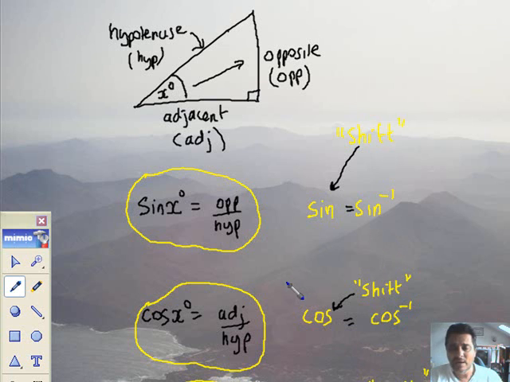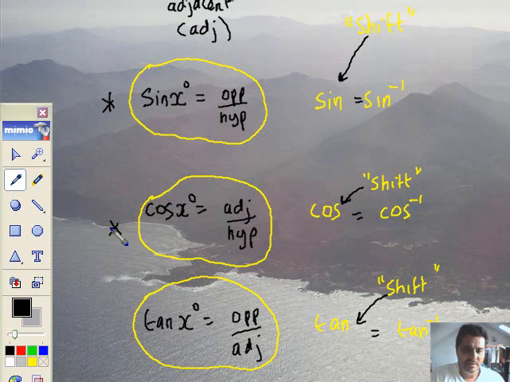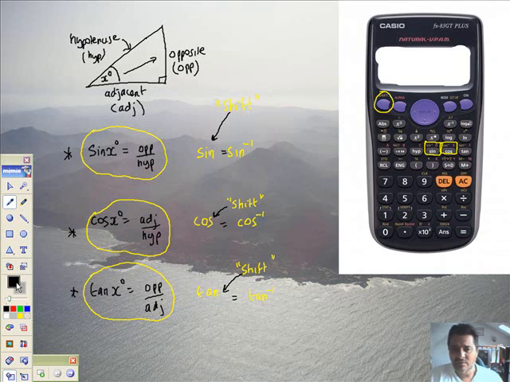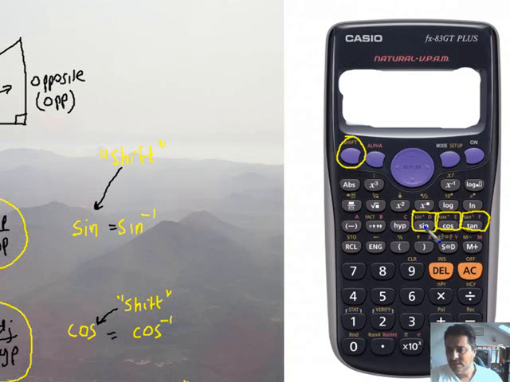Again, this will become a lot clearer once I do some real live examples, but this is all about introducing the three rules: the sine, cosine and tangent, showing you where these buttons are on the calculator. Of course, let's just put a little box around the tangent and tan minus 1 functions. So these three buttons serve as sine, cos, tan. They also serve as shift sine, shift cos and shift tan.